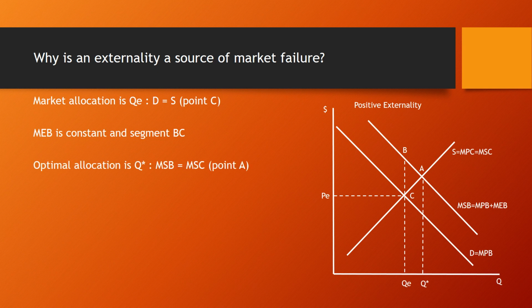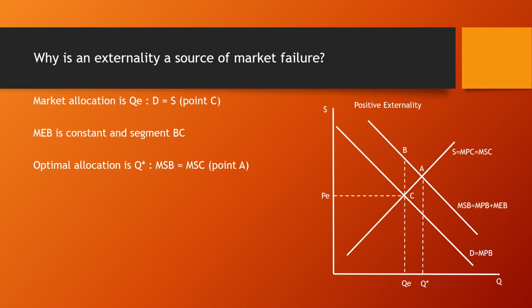Now we can identify the optimal quantity of the good when there is a positive externality. Like always, the optimal quantity is where marginal social benefit equals marginal social cost. In this diagram, this is identified by point A. The optimal amount of the good is Q star. Notice that QE, the amount the market generates, is not the same as Q star.